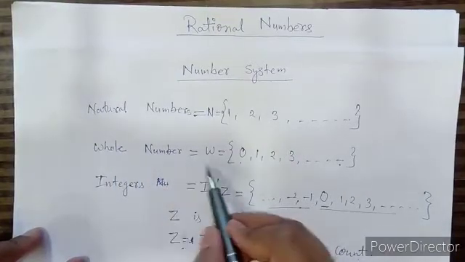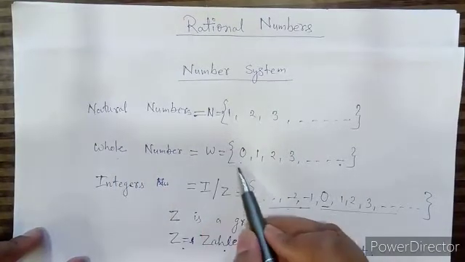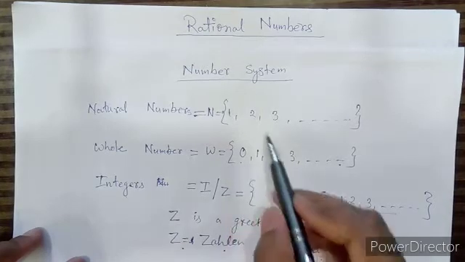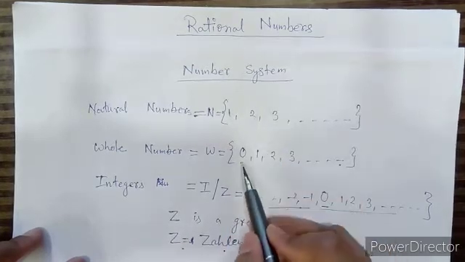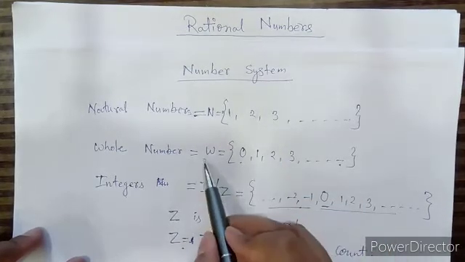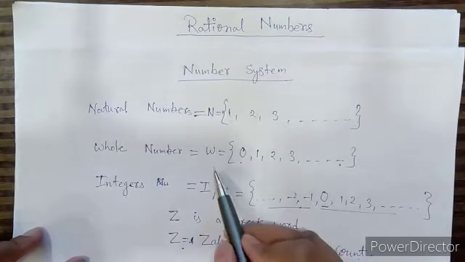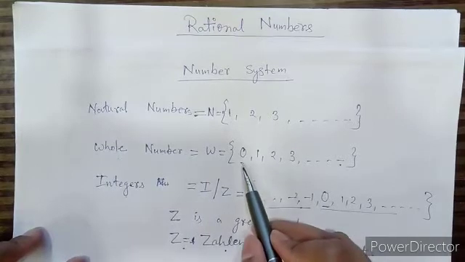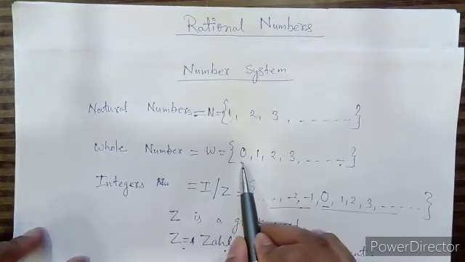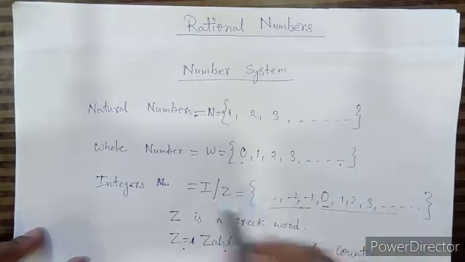Whole number is denoted by W, which is the collection of the natural numbers together with 0. In another way, we can say that the whole numbers start from 0 and go up to infinity.